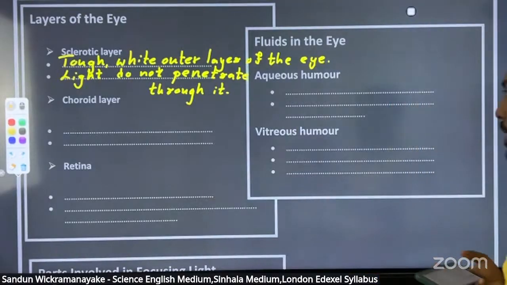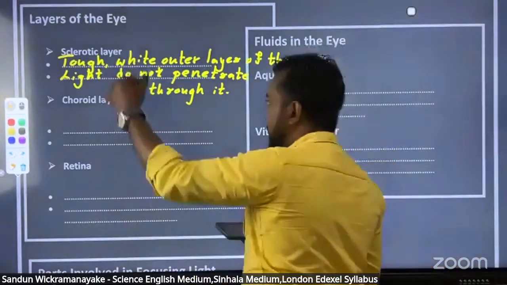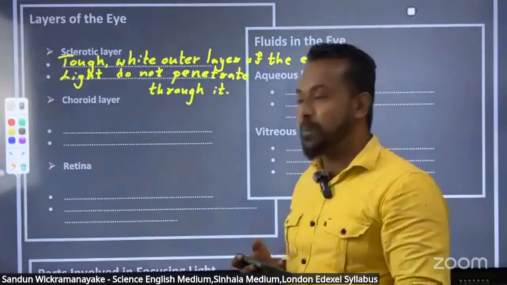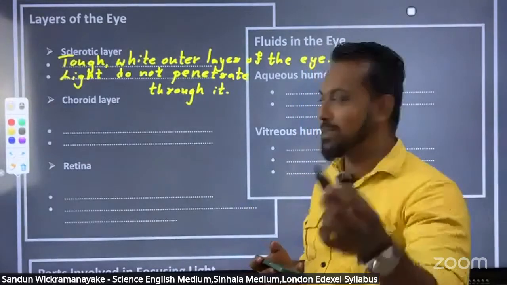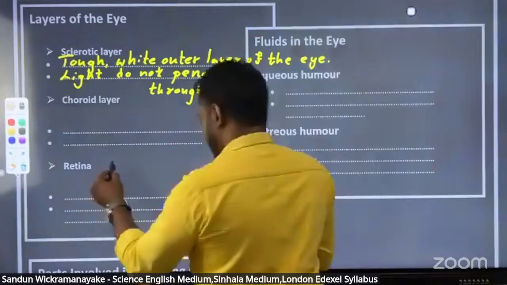The second layer is inside of this sclerotic layer. It's known as the choroid layer.